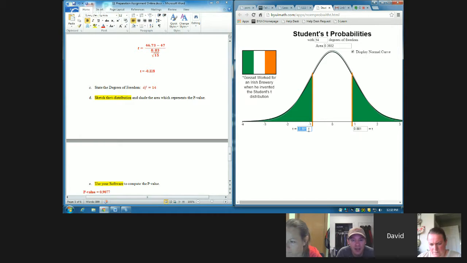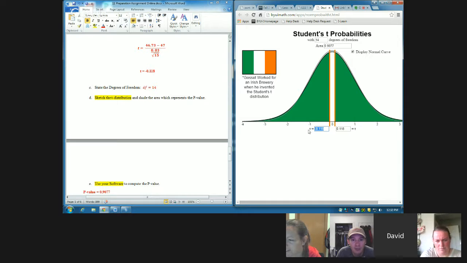So then that goes on here. Yeah, so I put 46.73 minus 47 over 8.83 divided by the square root of 15. Oh, well, I left my decimals long. Oh, okay.